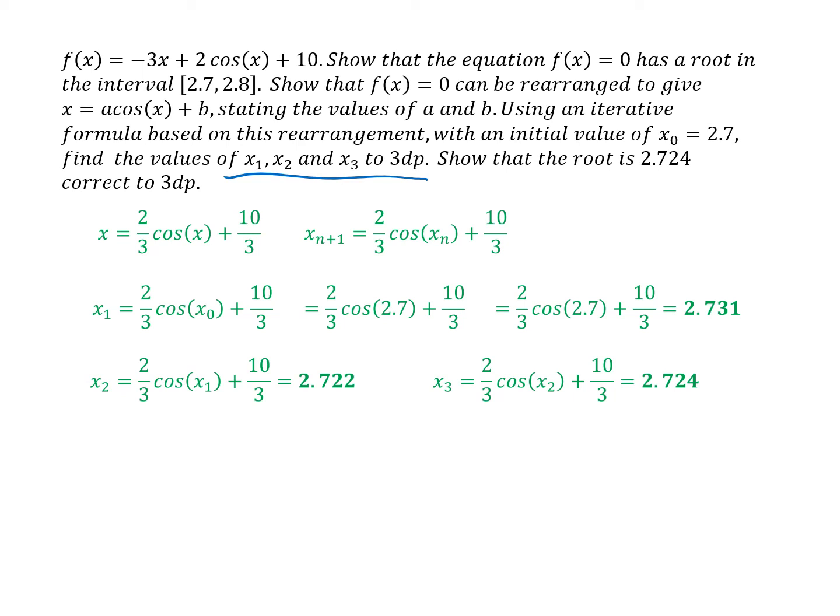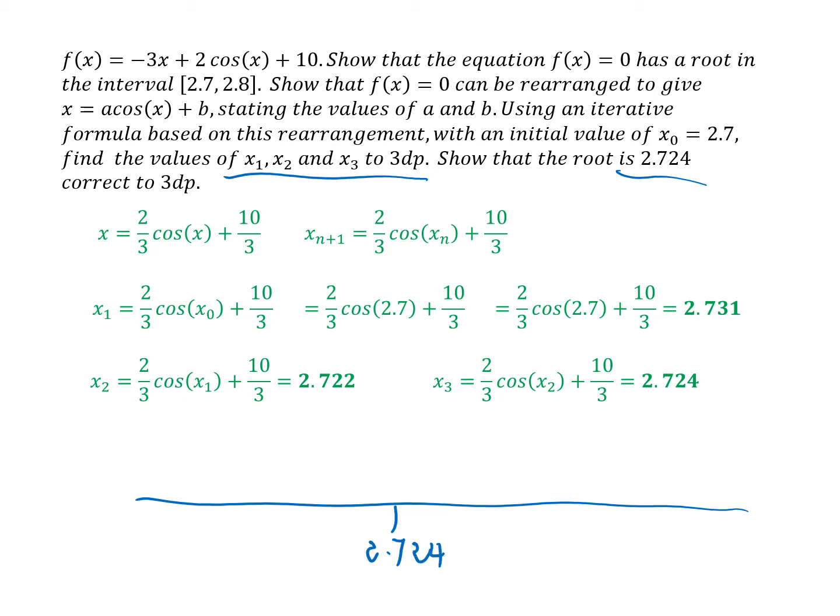But I haven't yet finished because I've got to show that the root is 2.724 correct to 3 decimal places. So thinking of the number line here, 2.724 to 3 decimal places.